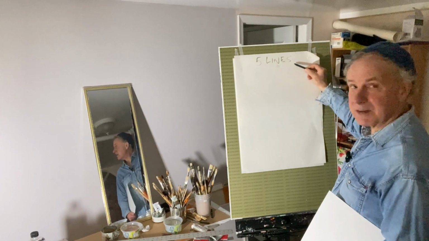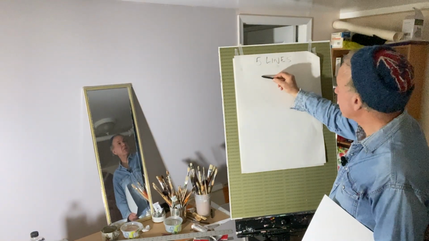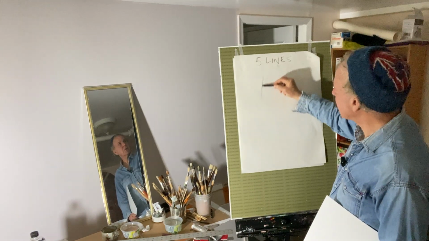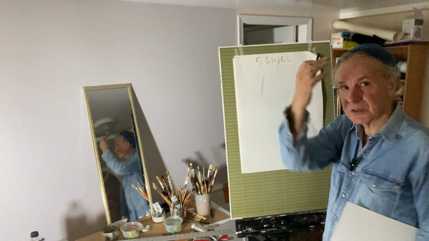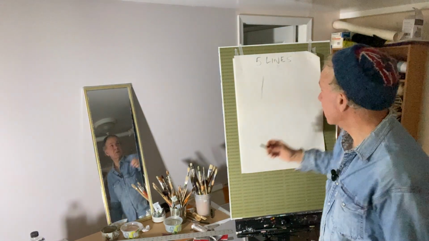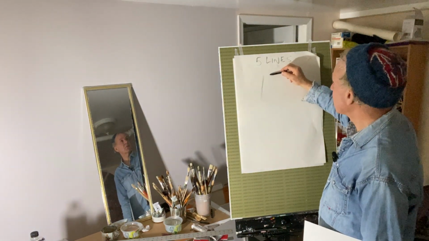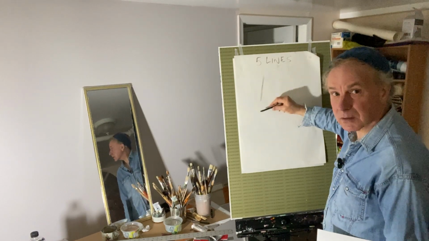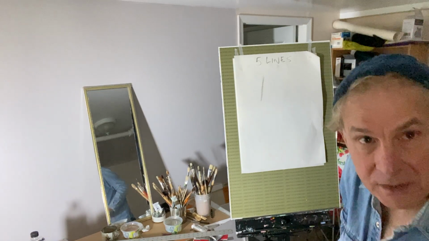We're going to do the nose with 5 lines. The first line is going to come down like that. Now, a nose usually is not straight up and down. It starts narrow between the eyes and then it comes out. So we've got that line, that's line 1. Yes, it's visible.